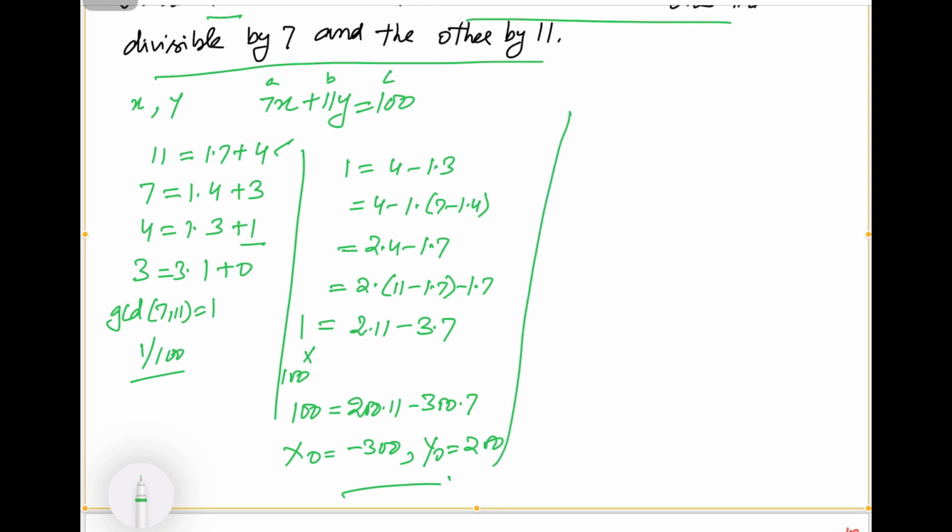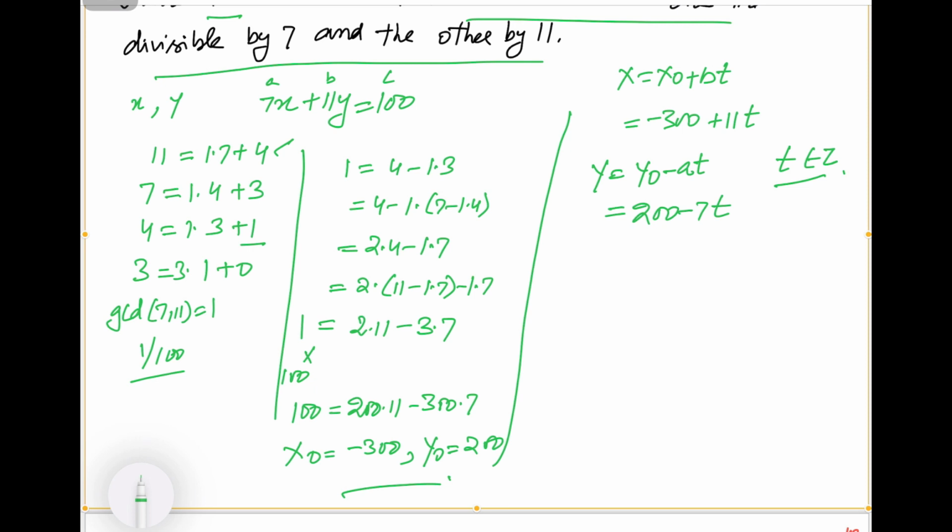Now let's write the general solution. x is x naught plus bt, that is minus 300 plus 11t. y is equal to y naught minus at, that is 200 minus 7t, where t belongs to Z. So this is the general solution.